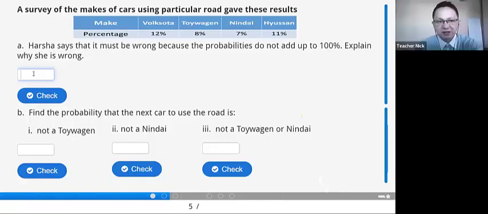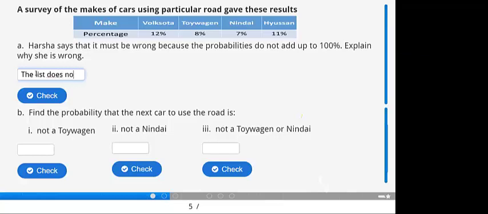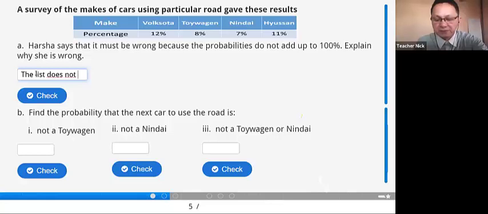So it means to say our reason here is, the list does not include all possible makes. Is it correct?